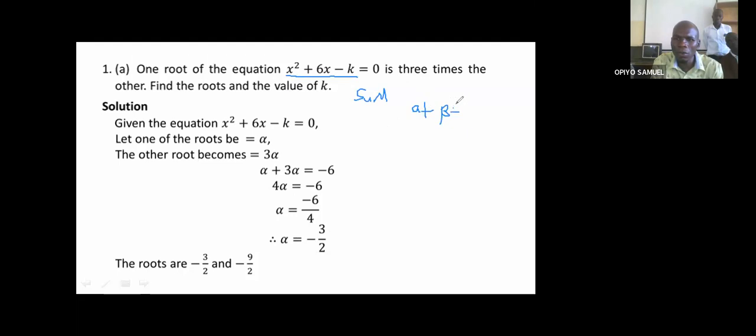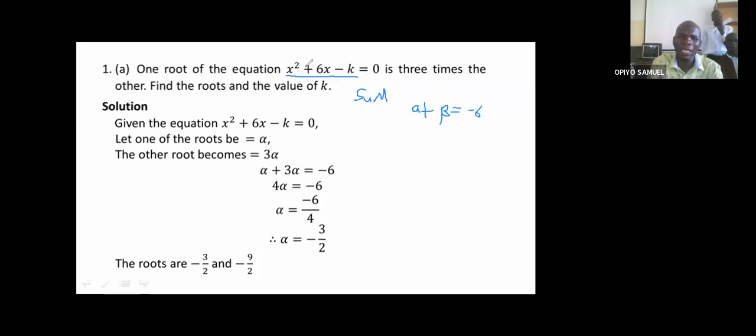equals negative 6. When you are handling roots of quadratic equations, the first thing you must do is extract the sum of roots and product of roots before you can use them to solve a given problem. So it is important that a student must know how to extract.